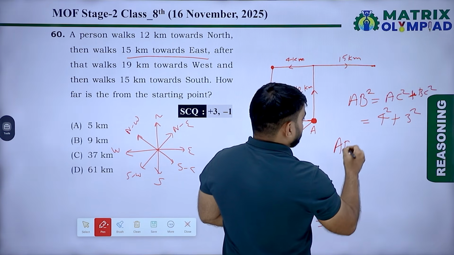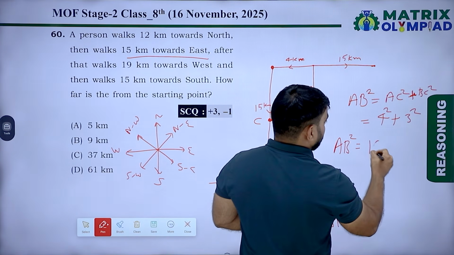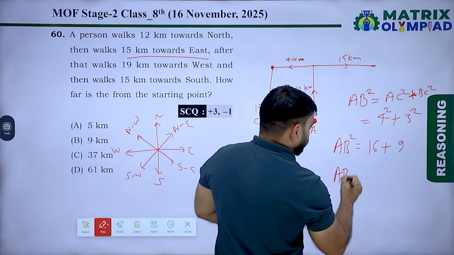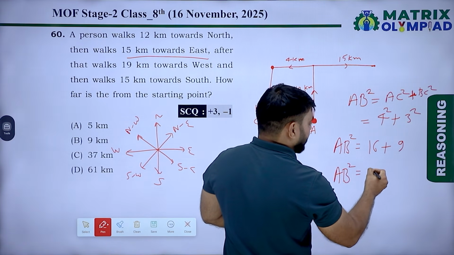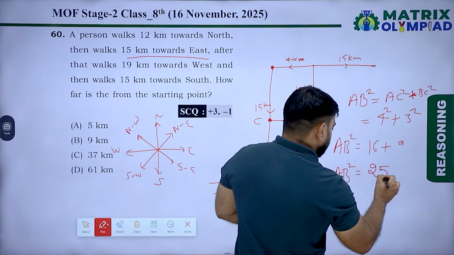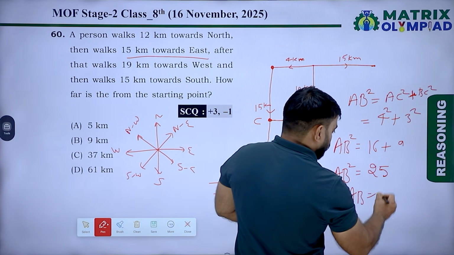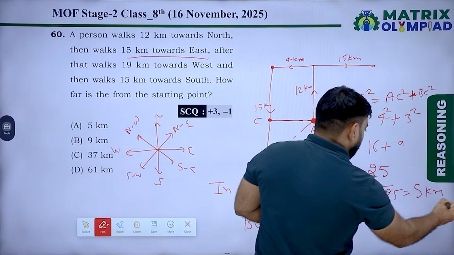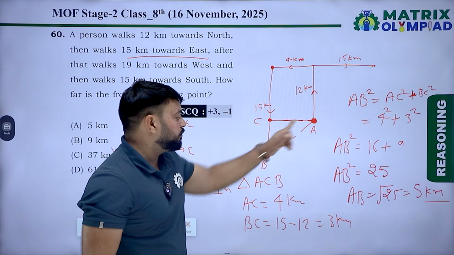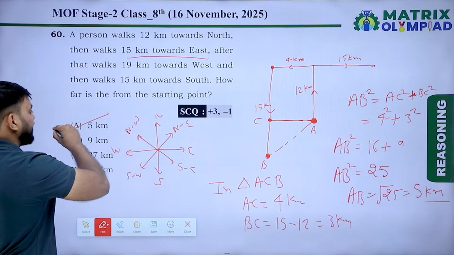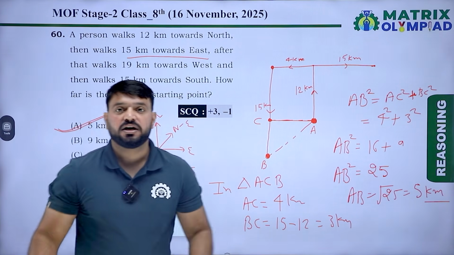So AB square is equal to 4 square, which is 16, plus 3 square, which is 9. So AB square is equal to 16 plus 9, which is 25. Now AB is equal to root 25, which is 5 kilometers. So the distance between the starting point and the final point is 5 kilometers. So here option A is the correct answer of this question.